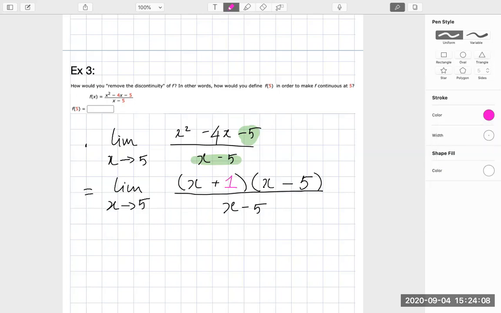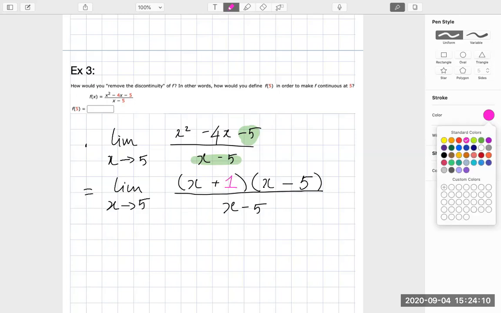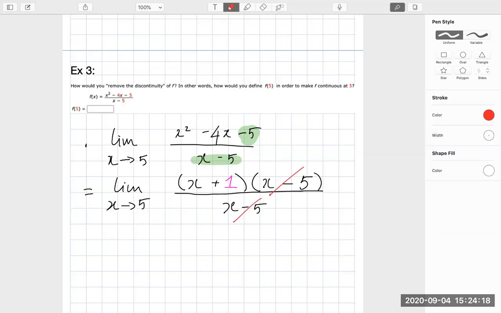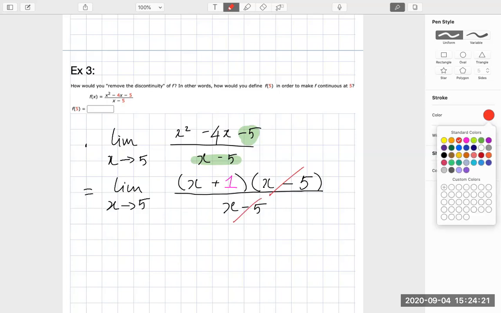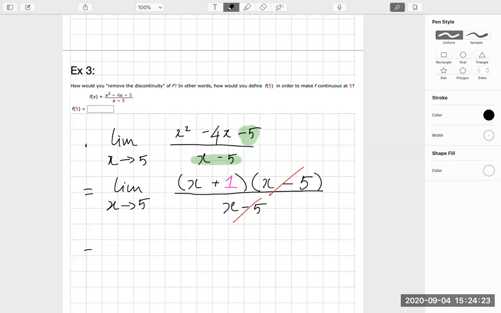We can expand it and double-check the answer. x minus 5 cancels with x minus 5. Therefore, this limit becomes the limit when x approaches 5 of x minus 1 times x plus 1.